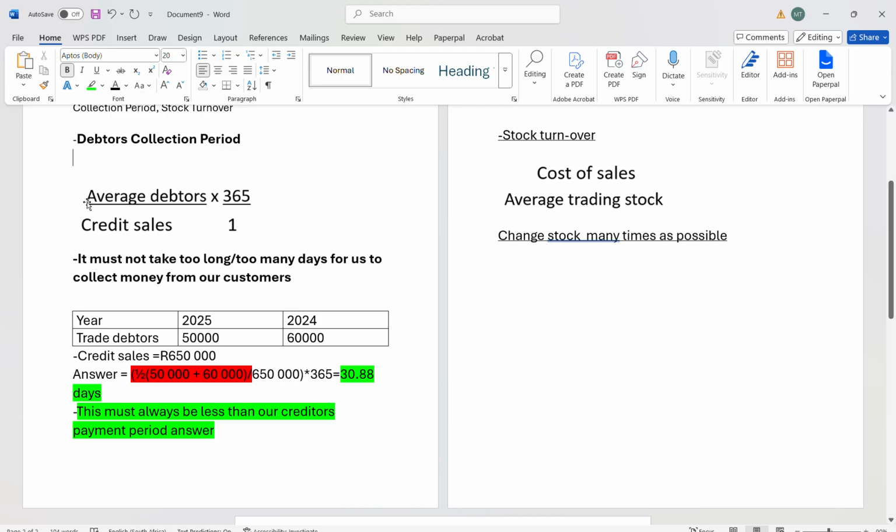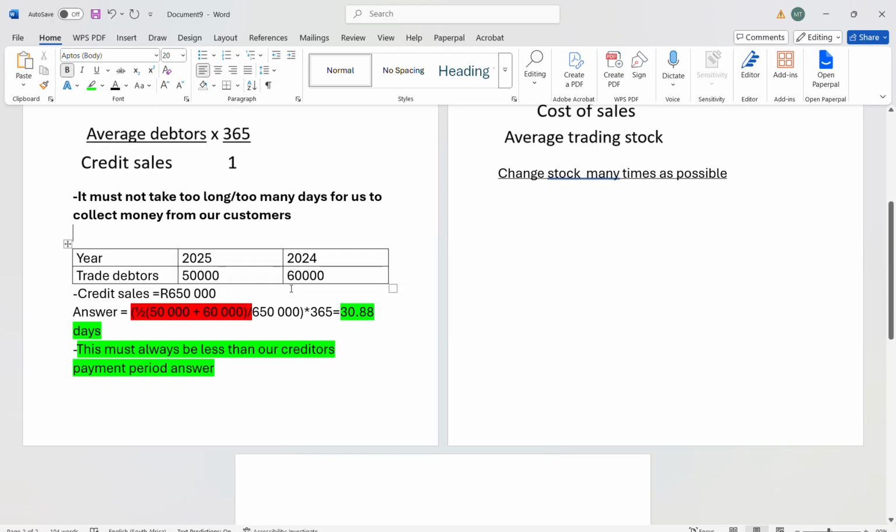The formula is average debtors over credit sales multiplied by 365 days. I'll show you how to calculate the average debtors. It must not take too many days for us to collect our money from our customers.